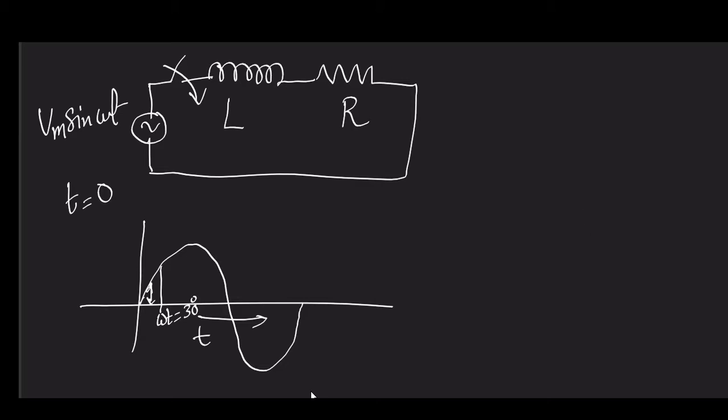When we switch, although for you it is t equal to 0, try to understand that this is not so for the Vm sin omega t. Its waveform started oscillating between plus Vm and minus Vm quite a long time ago.